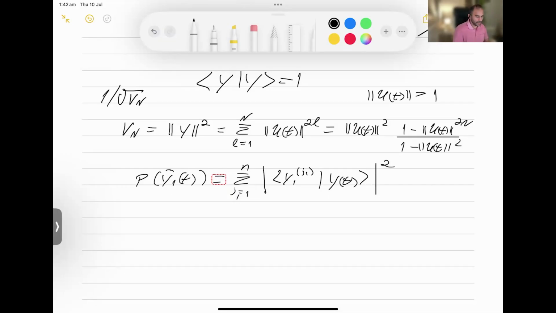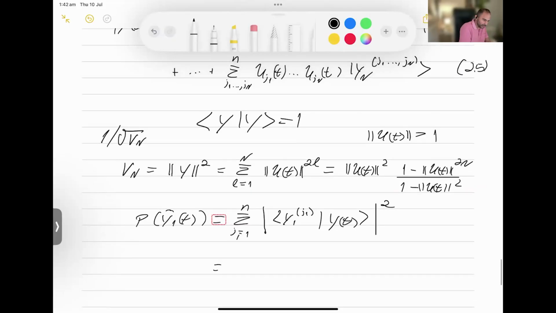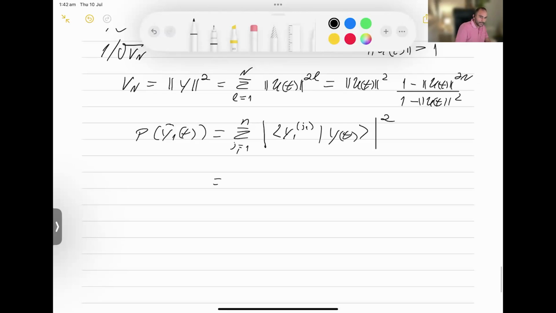Okay, then I project on that one. I'm just going to use the normalization that I have considered already. So this has to be considered now in equation 2.5. And then I'm going to end up with the expression with the results in terms of these norms.